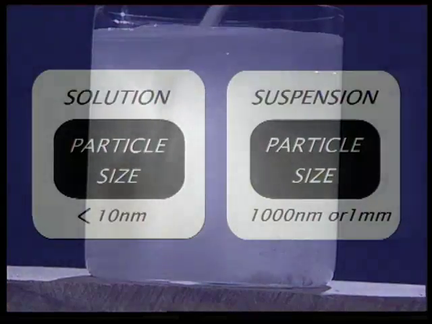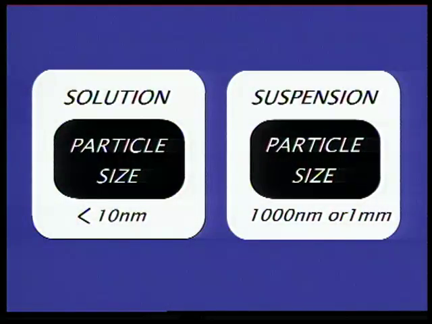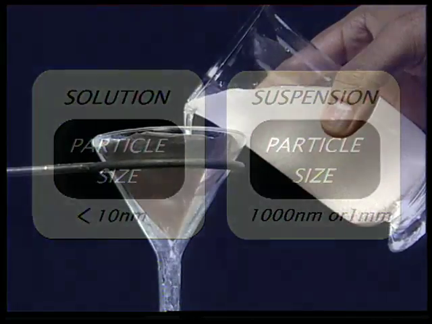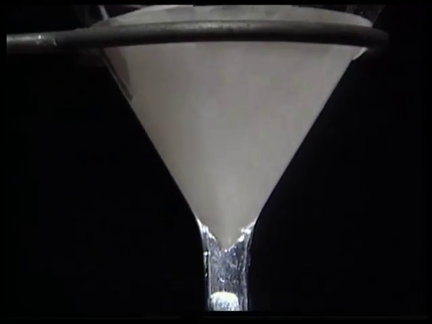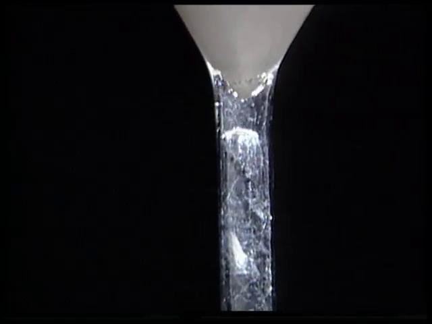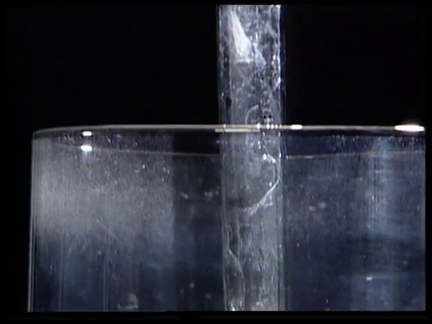In comparison to solutions, suspensions contain much larger particles. Suspensions can be filtered out. Chalk particles may be too small for you to see, but they are big enough to be trapped by filter paper.